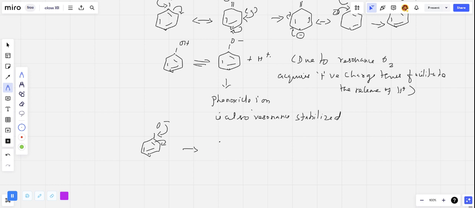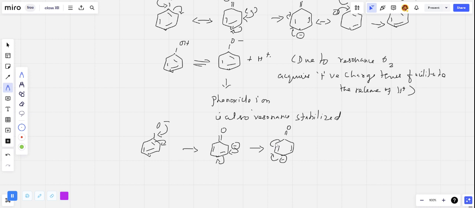So resonantly, it's a stable one. Here in the ortho position, again it will go this side and come this side. So you will get a double bond to O. This is a resonance form of the phenoxide ion.